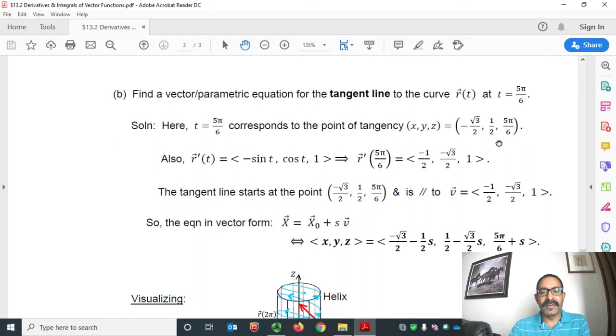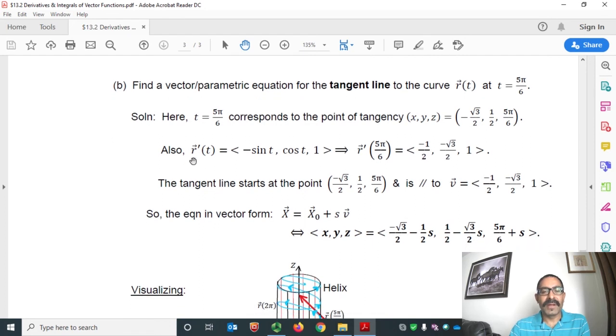Next, let's take the derivatives. So r prime t is minus sine t, comma cosine t, comma 1. Evaluate the derivative at t equals 5 pi over 6. It gives us this vector. So this vector is the vector we are looking for, and we already have the point.